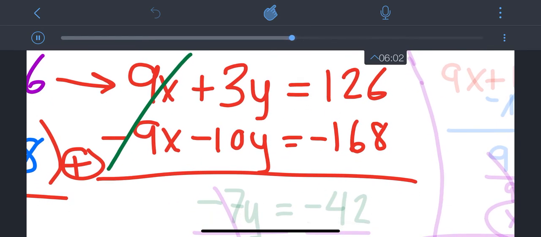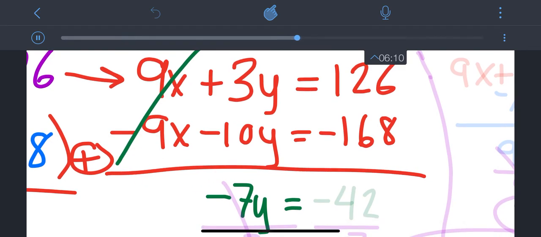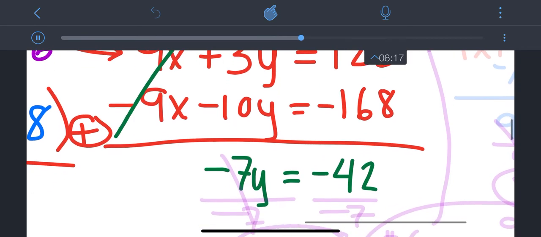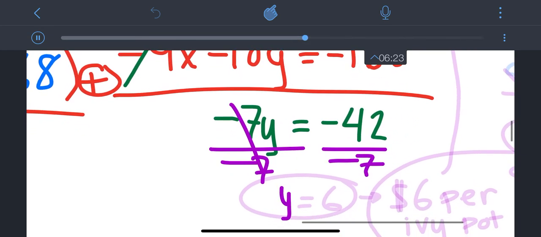Okay, so the x's cancel. 3y plus -10y is -7y. 126 plus -168 is going to get us -42. Then we just divide by -7, and you get y equals 6.